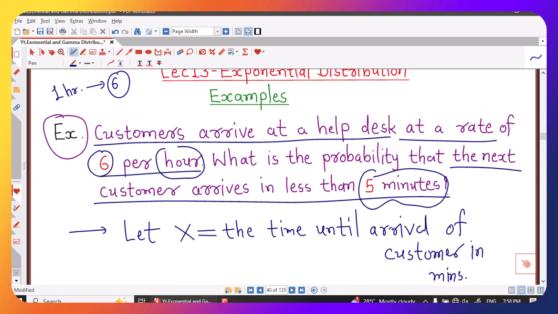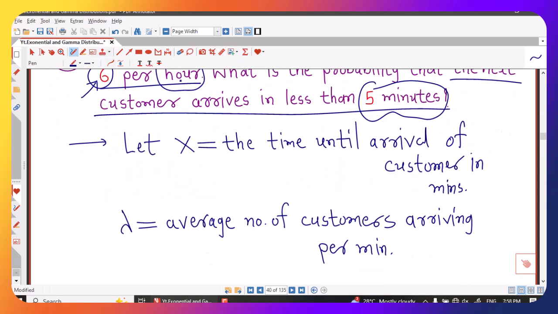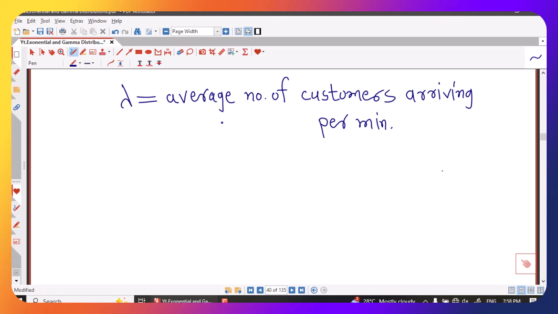But here we are given that in 1 hour average number of customer arrivals are 6. So using this information we can obtain the average number of customer arrivals in 1 minute. So for that we can do this type of process. Here I write minutes and here I write number of customers or customer arrivals.